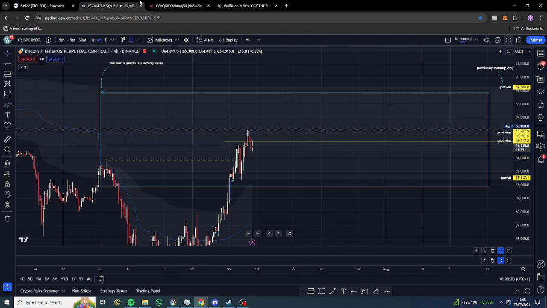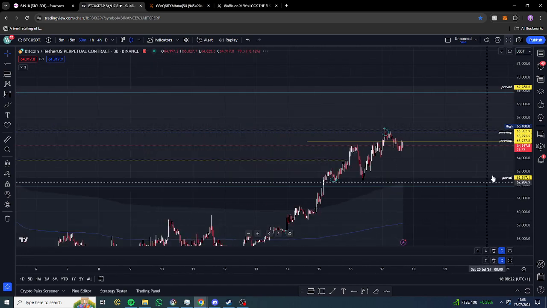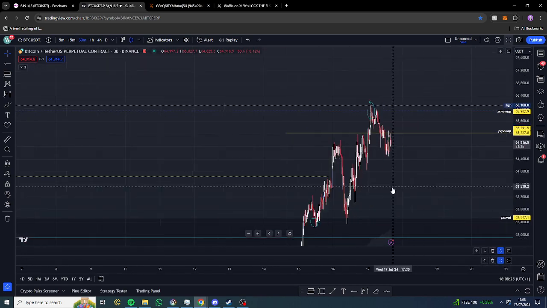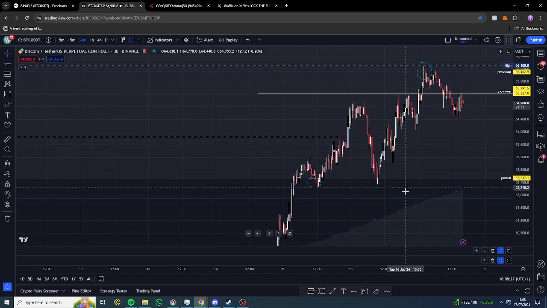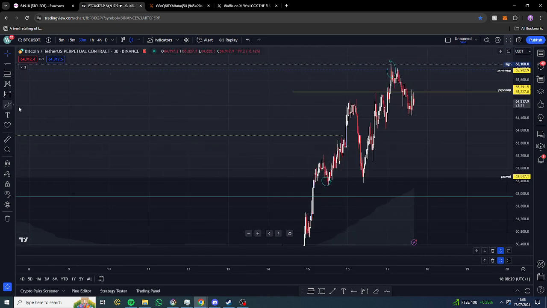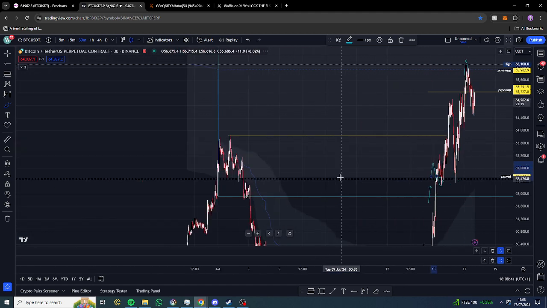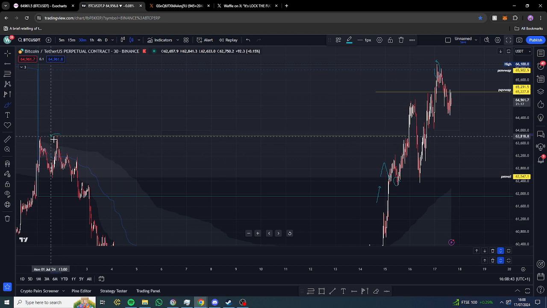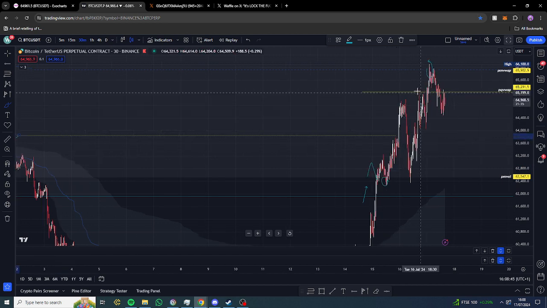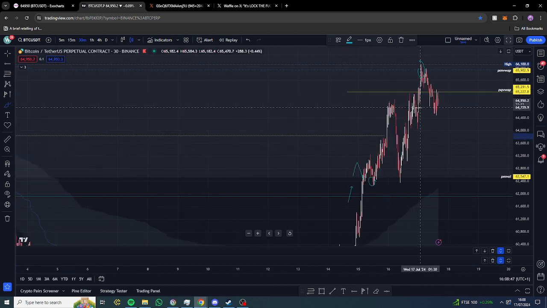Now, what I was checking yesterday was to be clear if we accepted into the range. First things first, price broke through the quarterly VWAP into the monthly, retested the monthly, and now you'd be looking for longs targeting a sweep of this high and the continuation up until the previous quarterly VWAP.